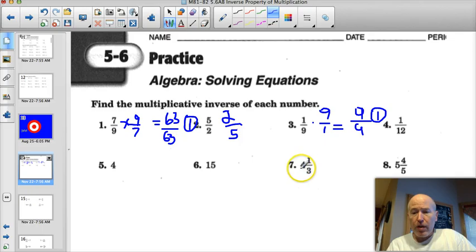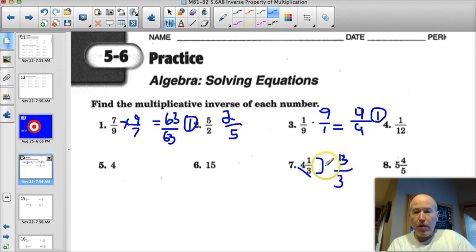Here's one little trick down here. I bet you can figure this one out if I do this. That's right. So here's a mixed number. To write the multiplicative inverse, you take 4 times 3, which is 12, plus 1 is going to give me 13/3. Now that's not the multiplicative inverse.